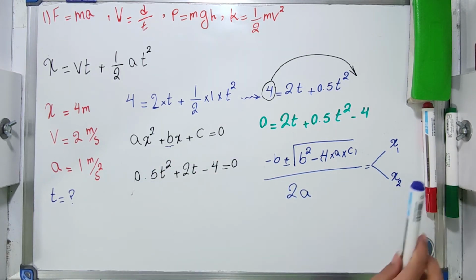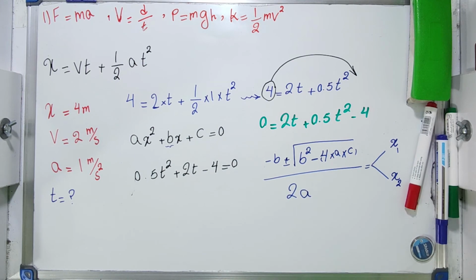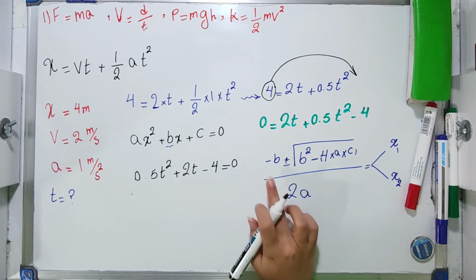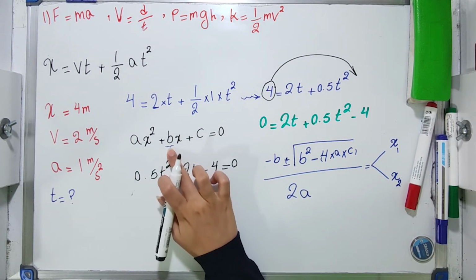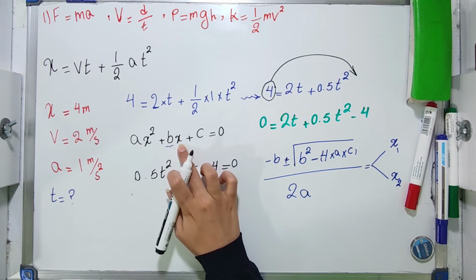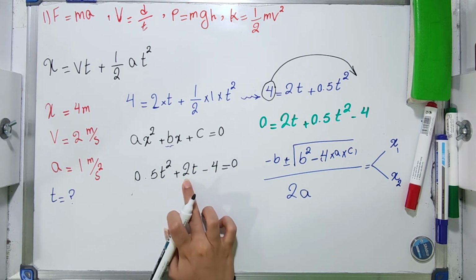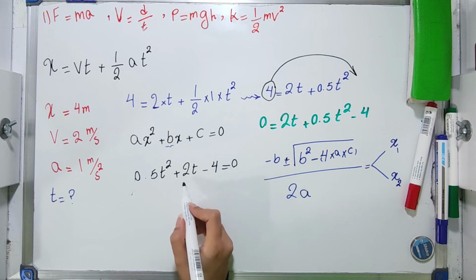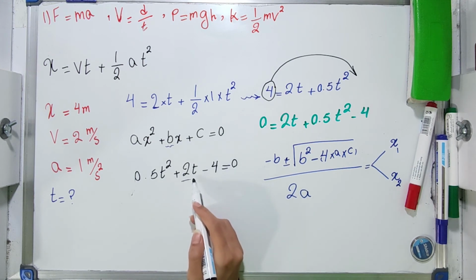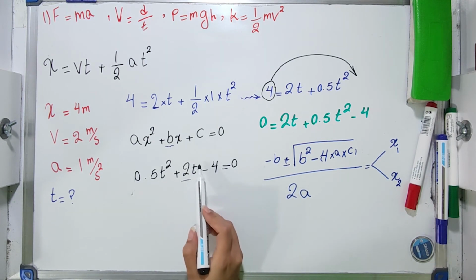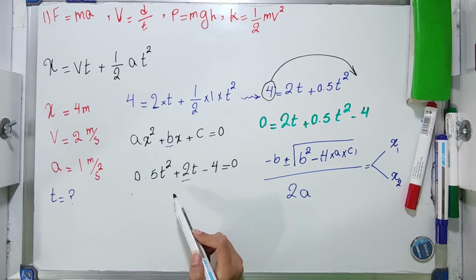But for this one, let's do it. What is b? b is here beside x. So in this equation, b is the number beside t, which has first power.